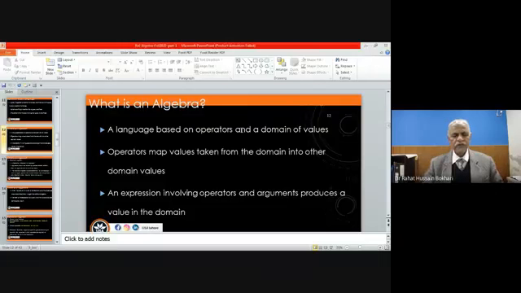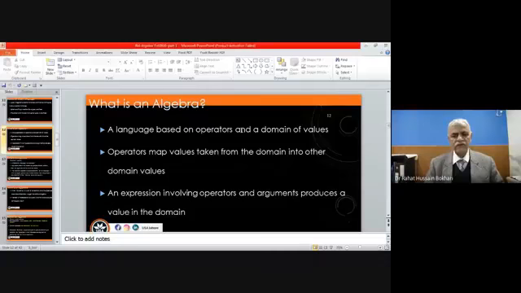So if someone asks you what relational algebra means, you just say this is a language based on operators and domain of values. The operators are used, the operands in our case are relations, and the output is also a relation. An expression involving operators and arguments produces a value in the domain.